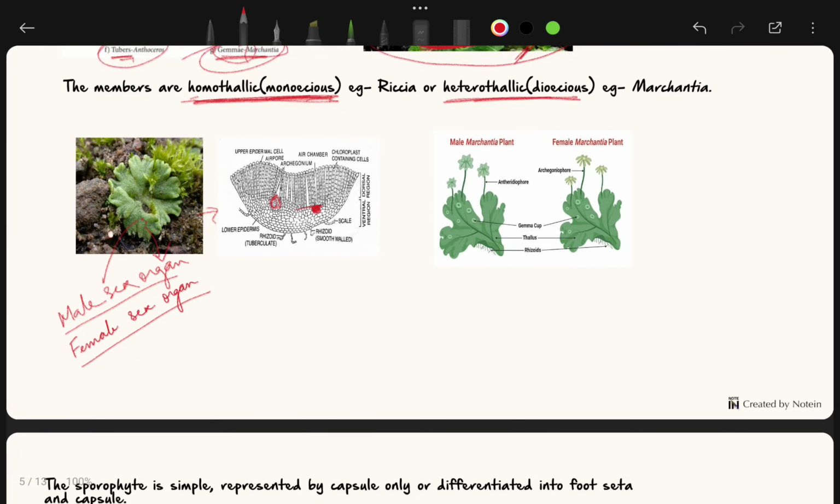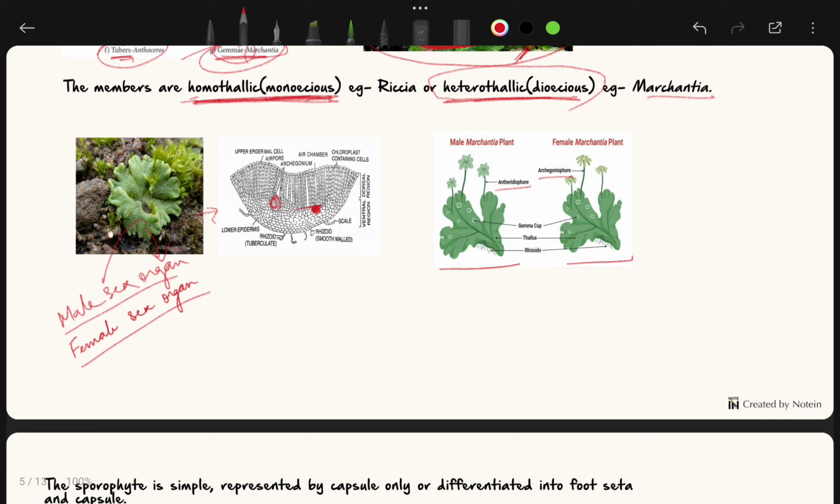But in case of Marchantia and other bryophytes, liverworts may be heterothallic as well, meaning that they will have two plant bodies, one producing the antheridiophore and one producing the archegoniophore.